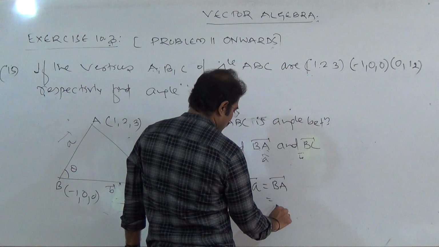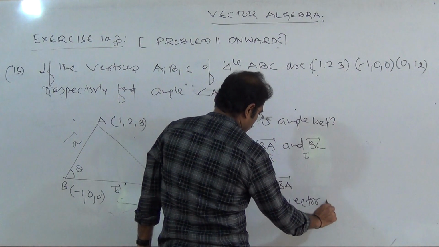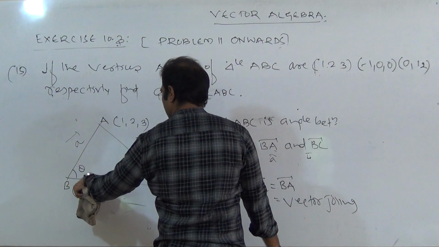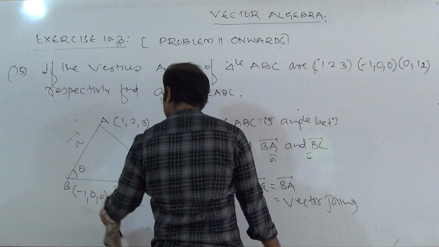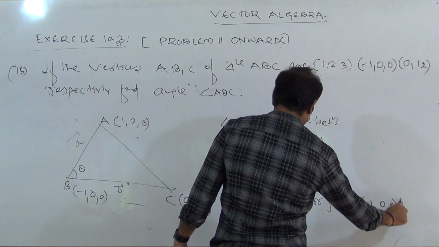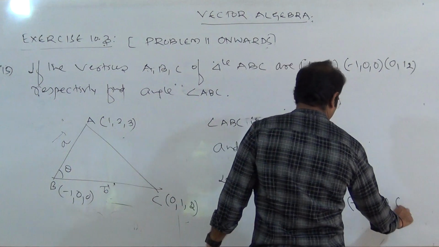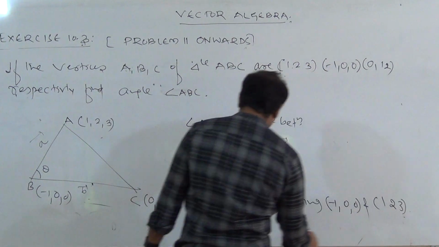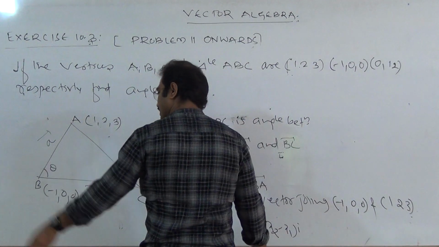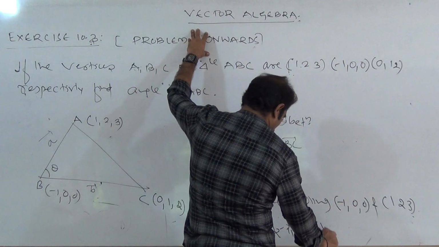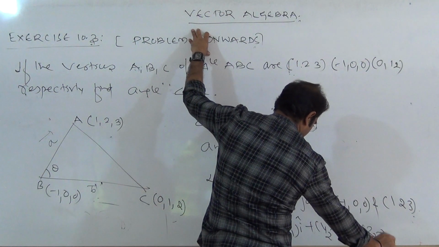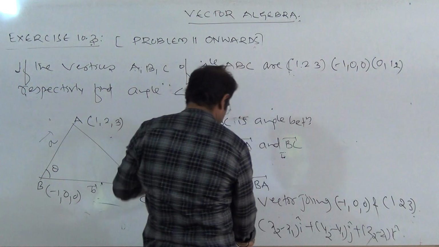BA is equal to the vector joining B to A, with B as -1, 0, 0 and A as 1, 2, 3. I have to apply the 2 point formula: x2 minus x1 i cap, y2 minus y1 j cap, z2 minus z1 k cap. Right? This is what your A is.